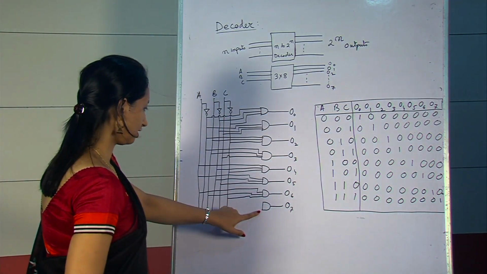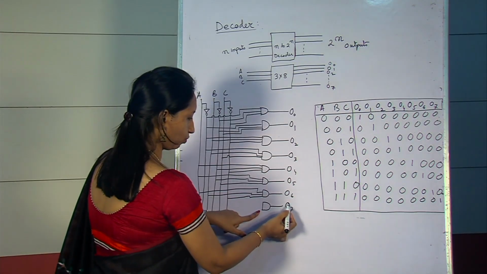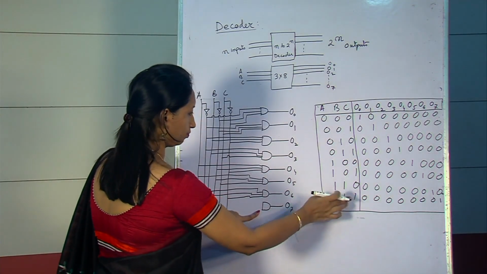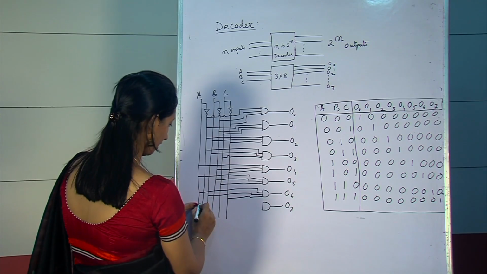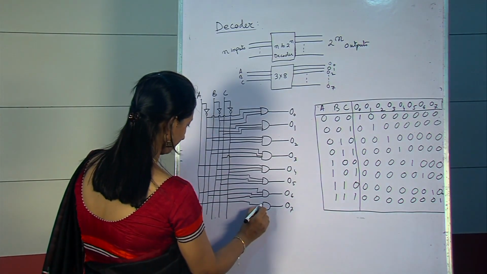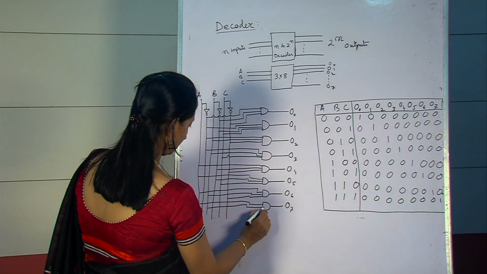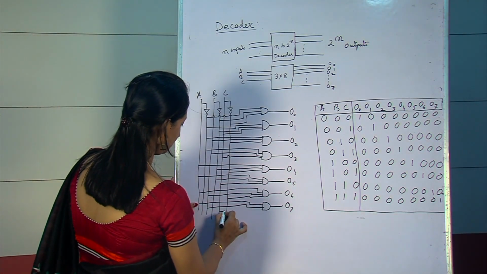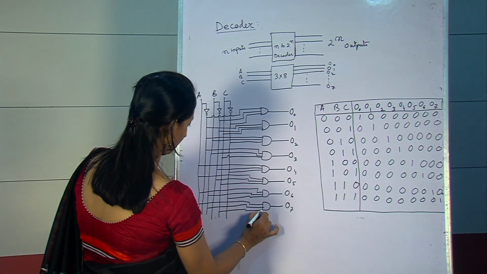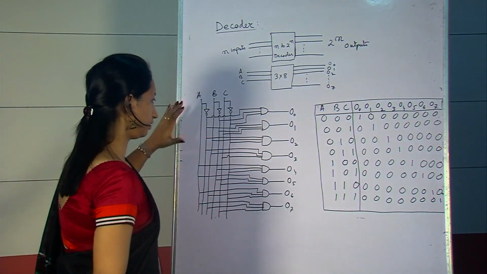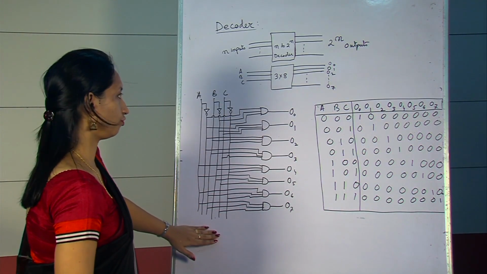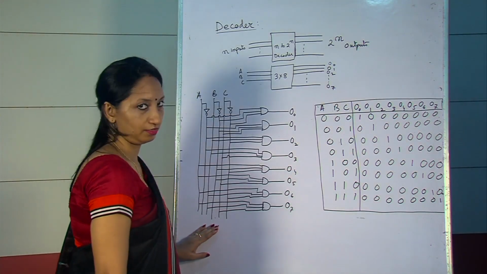And for the last AND gate, that means for the O7 output, all three inputs are high. So this is the A high line, then B is high, and C is high. So this is the logic circuit for the 3 into 8 decoder.